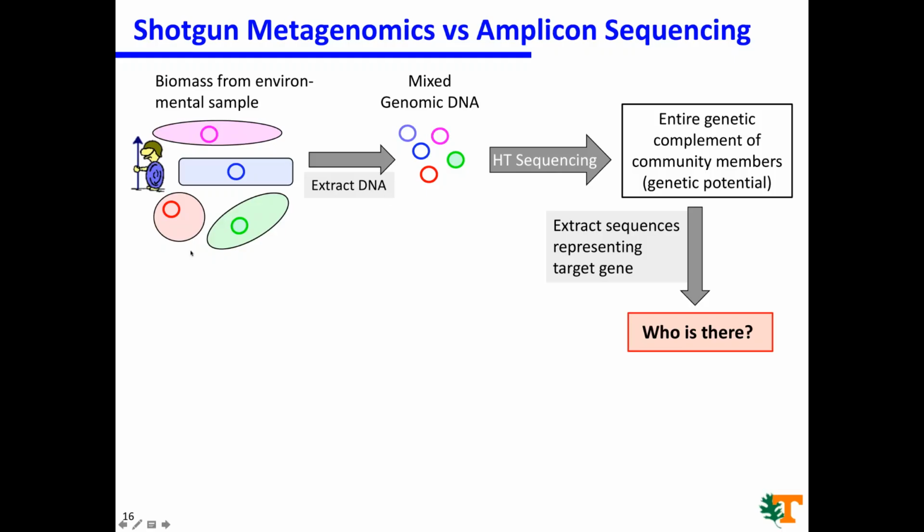You extract the DNA from all of these, from the entire biomass. And then you get the genomes of all of these different organisms, representing all of these different members of the community. Then you sequence everything, high throughput sequencing. This is a rather complicated technique. You don't need to know the details.